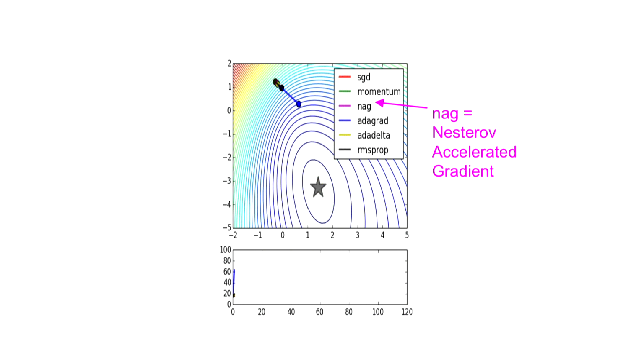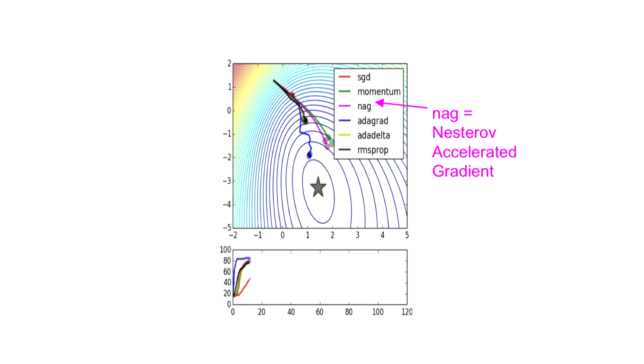It's a little hard to see on the bottom, but hopefully you can see the purple and green compared to each other. Nesterov doesn't overshoot as much, and it gets into the center quicker. And it's overshooting less because if you think about it, it's using the gradients a little bit further ahead.